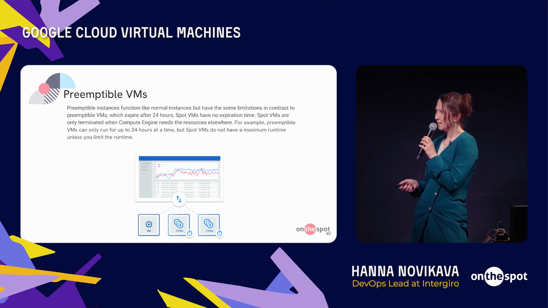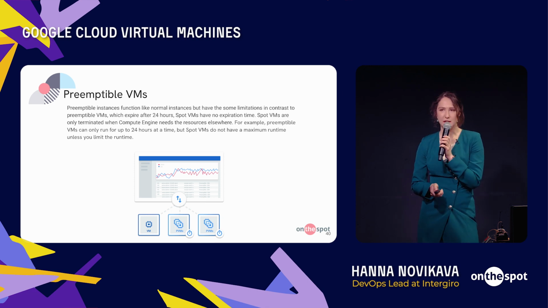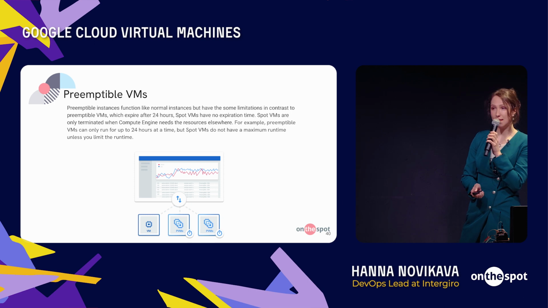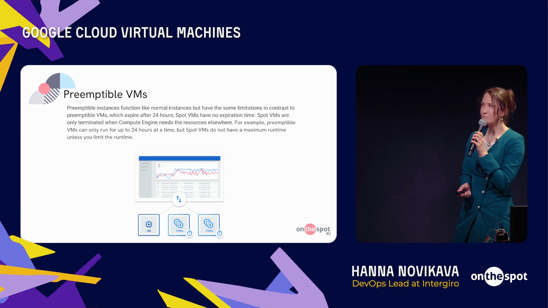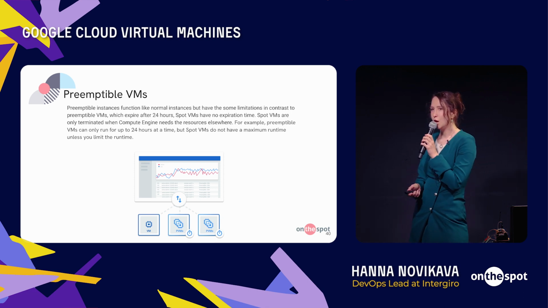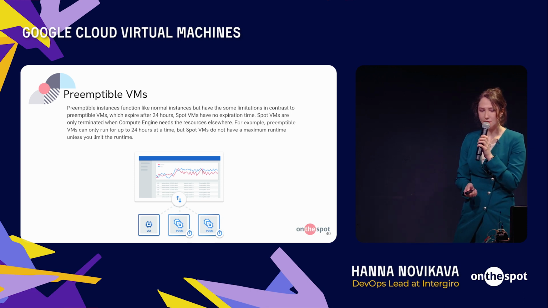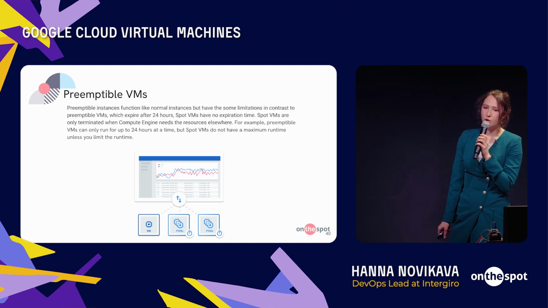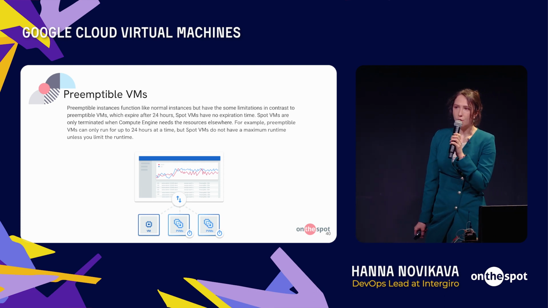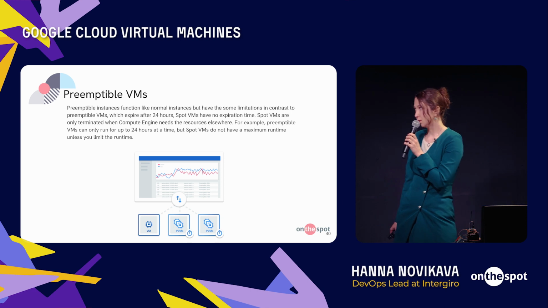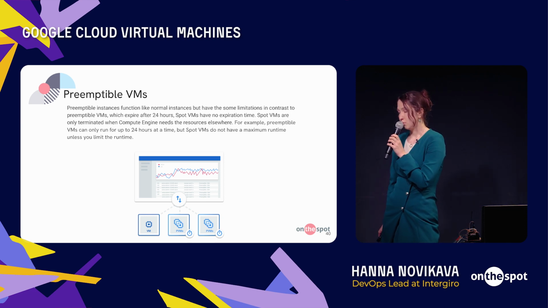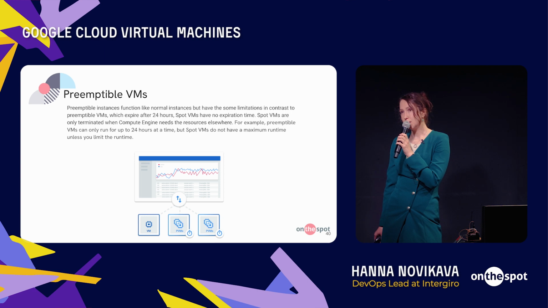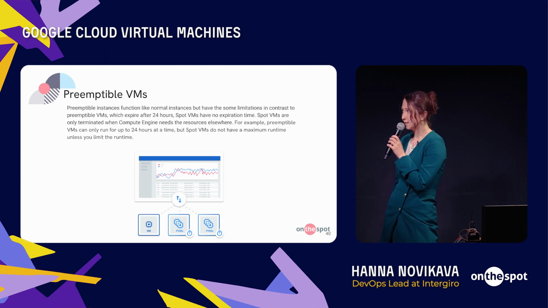It's a very interesting thing that in the beginning Google Cloud didn't have Spot virtual machines. They had only preemptible virtual machines, which means that this virtual machine isn't covered by the Google Cloud SLA, and it can work no more than 24 hours. It's better to use it for some pipelines, for some virtual machines that can be deleted and other things.